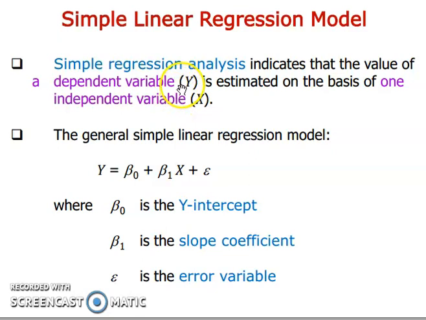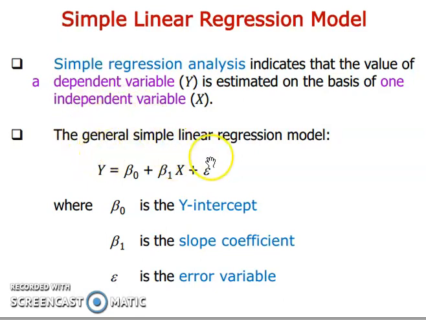If you have one dependent variable y, but then more than one independent variable x, suppose you have two or three independent variables, then it is called multiple linear regression model. So in simple linear regression model, you have y as a function of x. So we want to estimate y based on x.